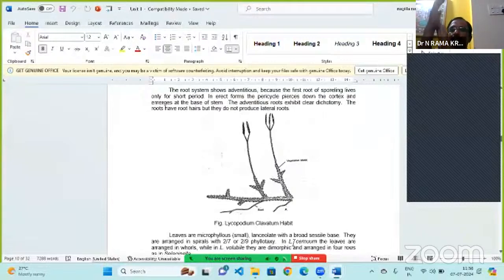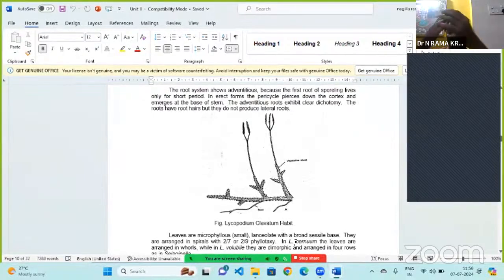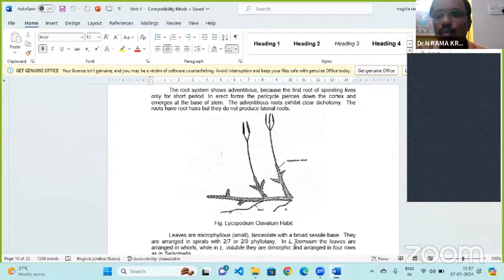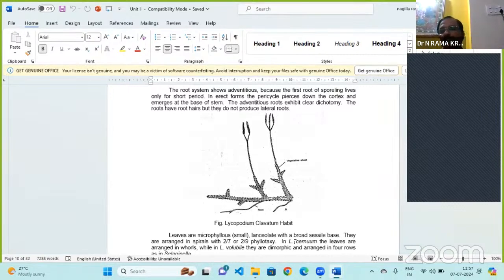For example, in this plant system we see only one main axis, a single axis. That is the monopodial system. What is the meaning of dipodial or polypodial? The branches come out as more than one, more than two. That is polypodial. But here it is monopodial, and the development is always dichotomous.